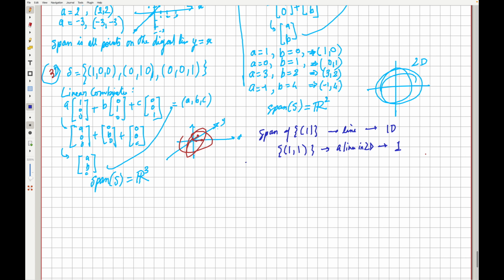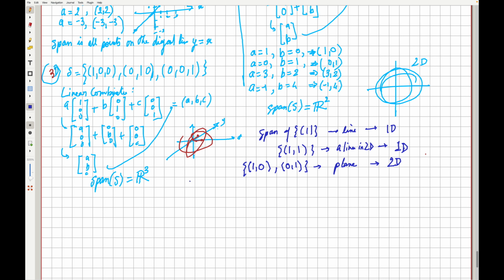And then if we have a set of basis vectors, let's say 1 0, 0 1, then this can span the entire plane. It can find any point in the 2D plane, and so the dimension here is going to be 2D.